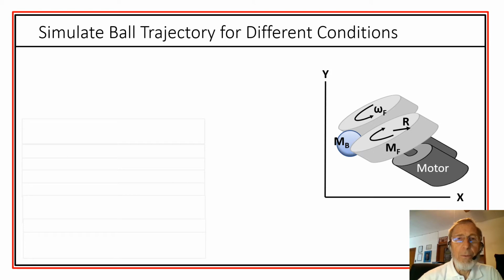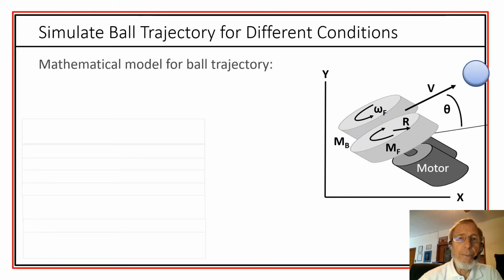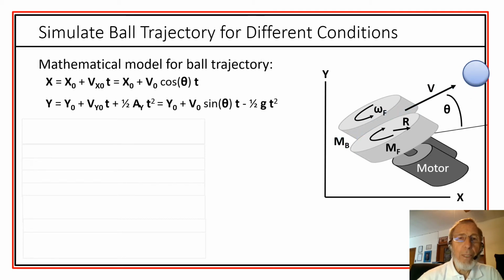As we begin to simulate the ball trajectory, we fall back on equations that are established for a projectile. The x, or horizontal position, is equal to its initial position plus the horizontal component of its launch velocity times the time since it was launched.